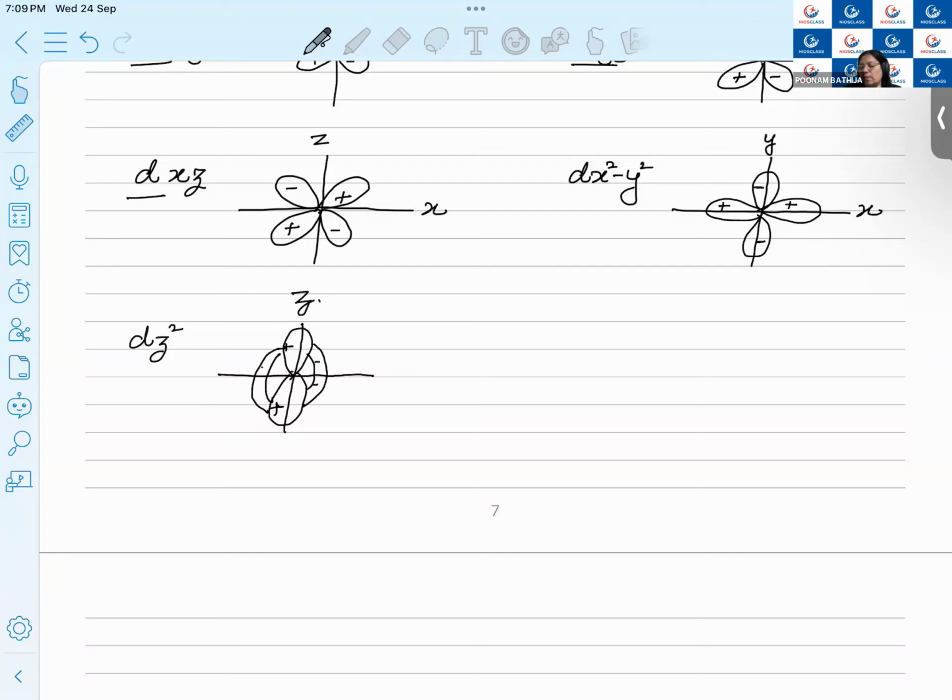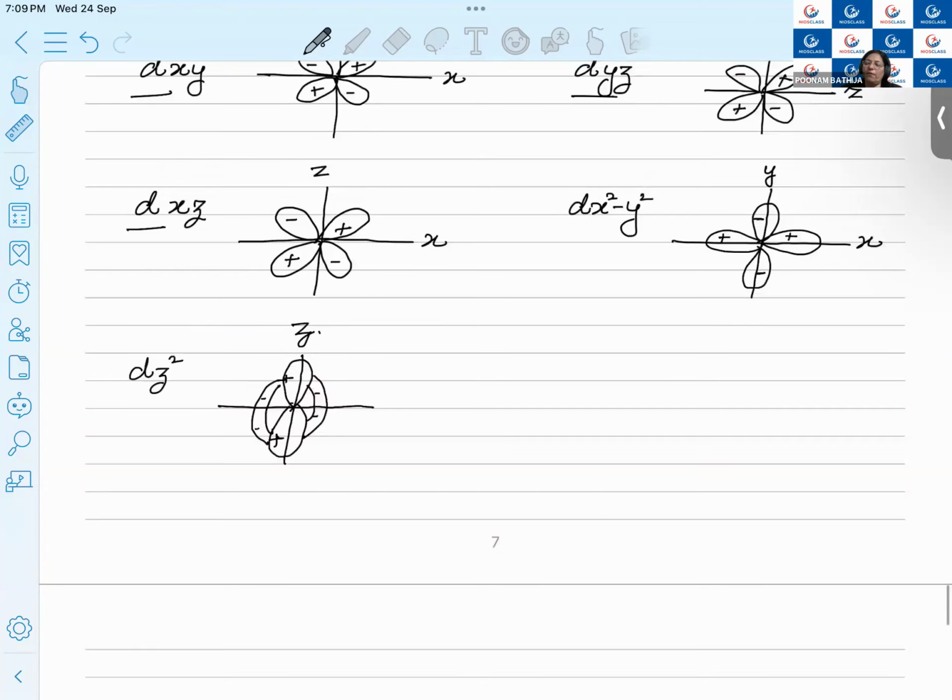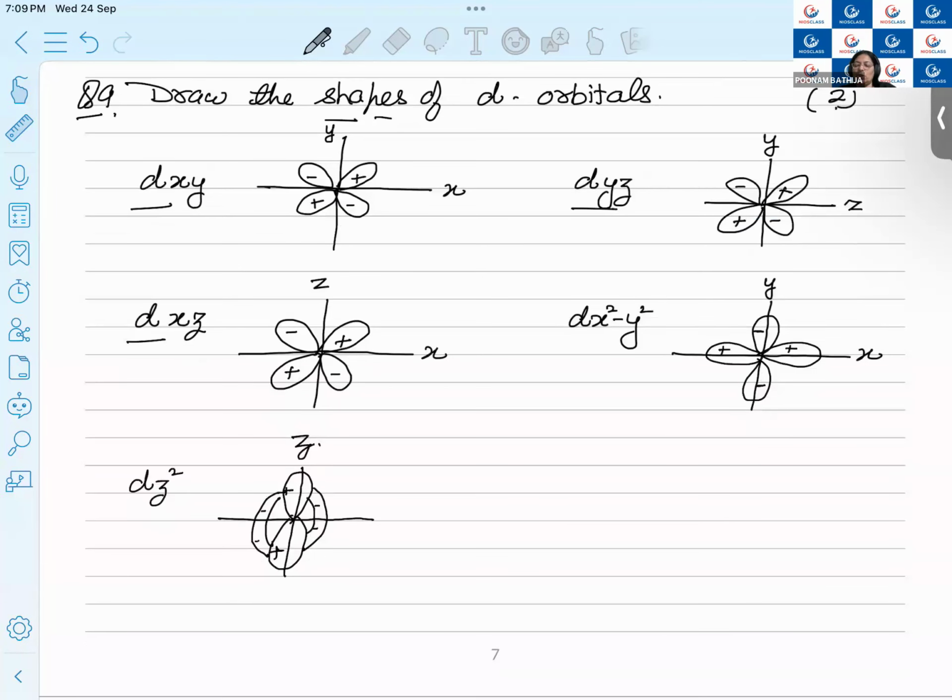Minus, minus, minus, minus. These are 5 d orbitals and their shape. Okay, dxy, dyz, and dxz have their lobes in between the axes, whereas dx square minus y square and dz square have their lobes along the axis. Got it?